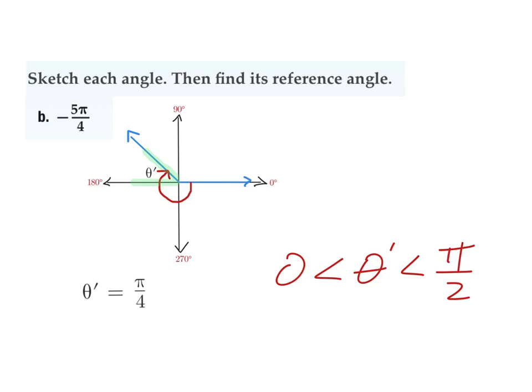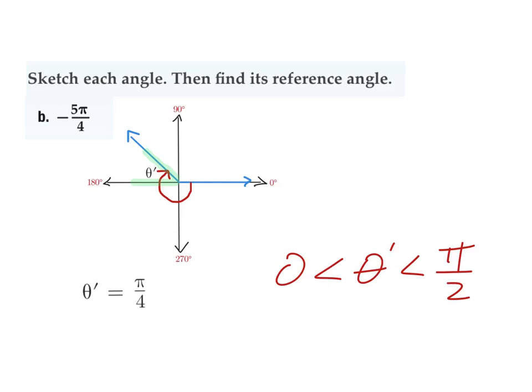Okay, that's what acute is. So if you put negative pi over 4, that doesn't fall in this range. It has to be acute, which means it's between 0 and 90, or in the case of radians, between 0 and pi over 2.